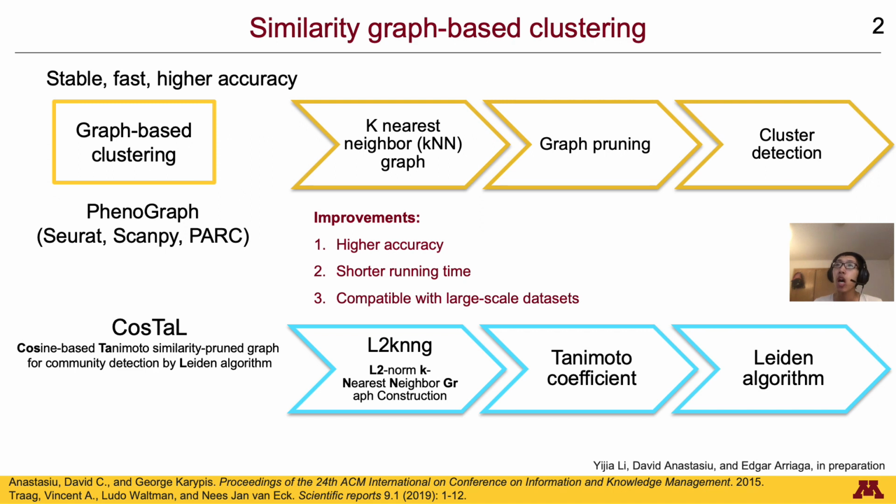But lastly, we again use the most welcomed Leiden algorithm for the community detection on top of the pruned graph. So I won't spend too much time explaining how the Leiden algorithm works, as the comparable algorithms are using this. But I will spend more time explaining how L2KNNG as well as the Tanimoto coefficient empower CosTaL to be both accurate and fast computing.